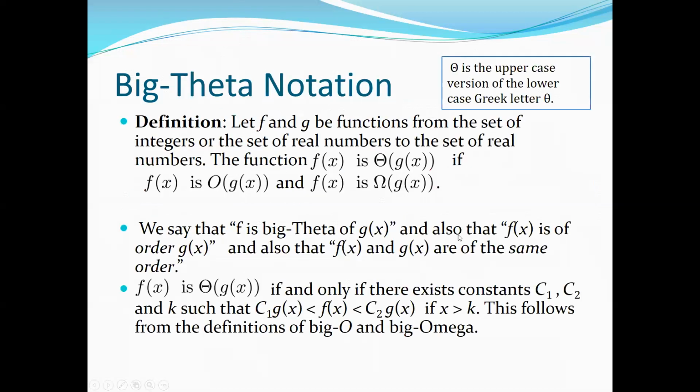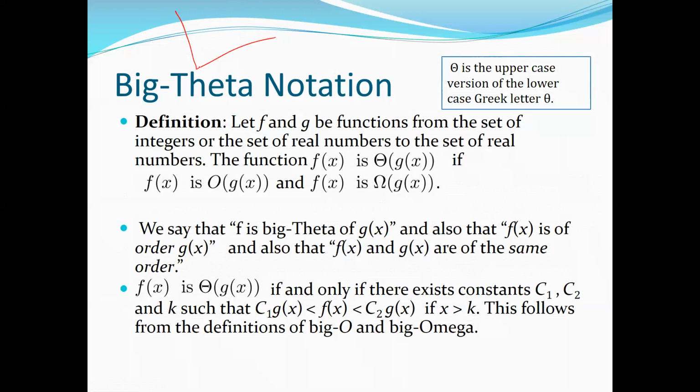All right. And the third term that we use is the big theta notation. Theta is basically the tight bound, a tight bound between the lower bound and the upper bound, right? So what do I mean by the tight bound?